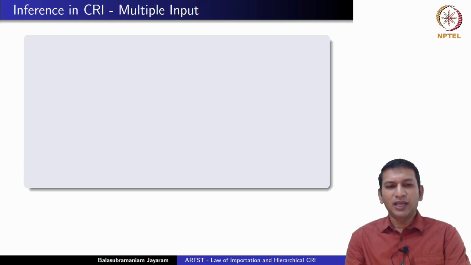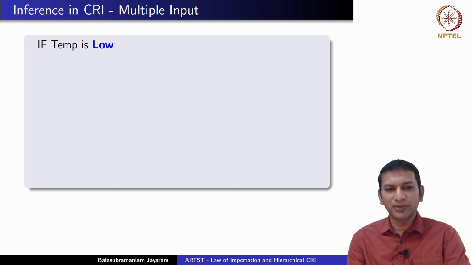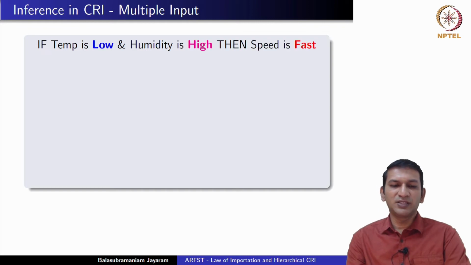Now, what happens in the case of multi-input single output rules? Let's consider just one of them. We have seen this before too, that we need an antecedent combiner, and we don't then deal only with 2D matrices but also 3-dimensional matrices if we have two inputs. So if the temperature is low and humidity is high, then speed is fast.